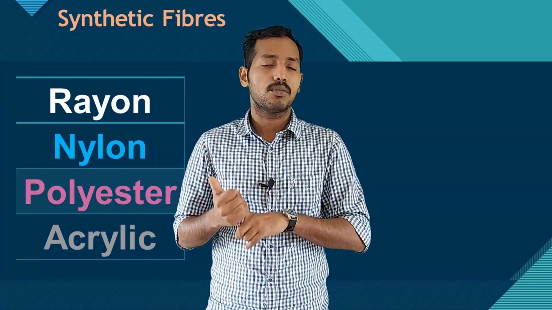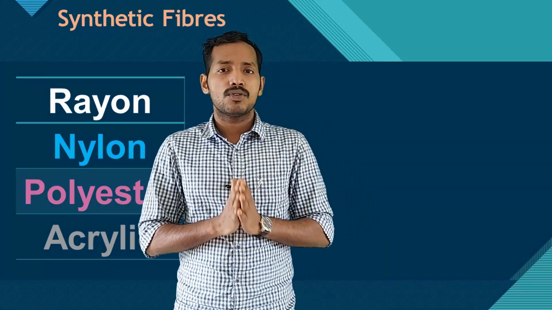In this chapter, we are mainly focusing on four types of synthetic fibers: rayon, nylon, acrylic, and polyester. Here, the first one is rayon. Rayon we can call a semi-synthetic fiber because rayon is obtained from wood pulp. Wood pulp is a natural substance, so we can call rayon a semi-synthetic fiber.